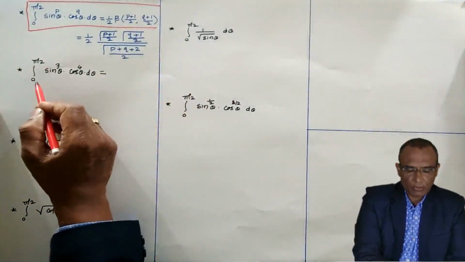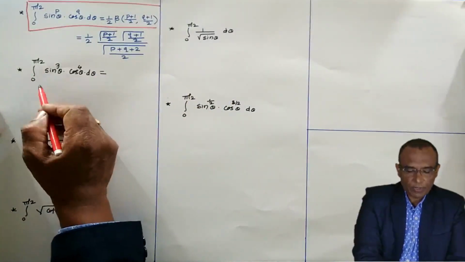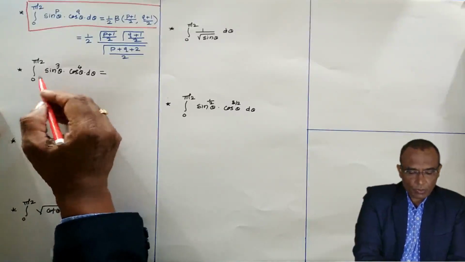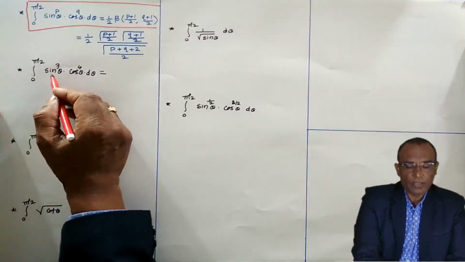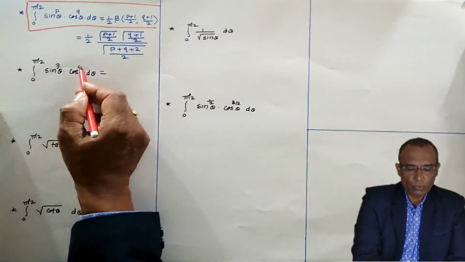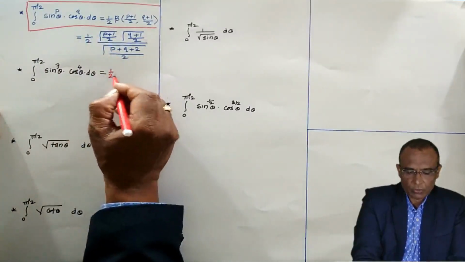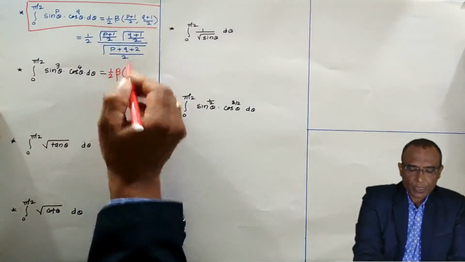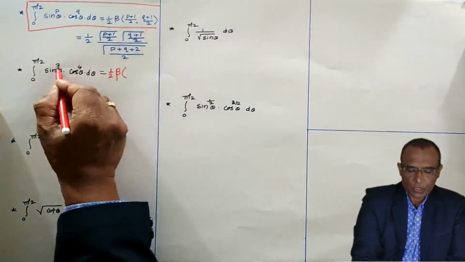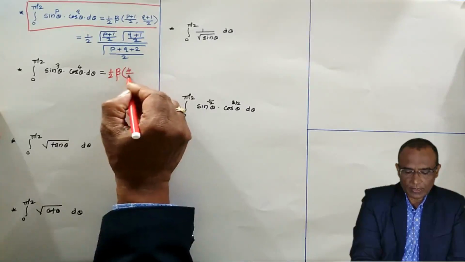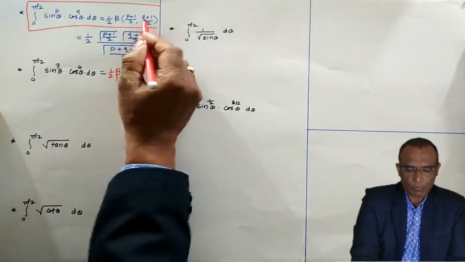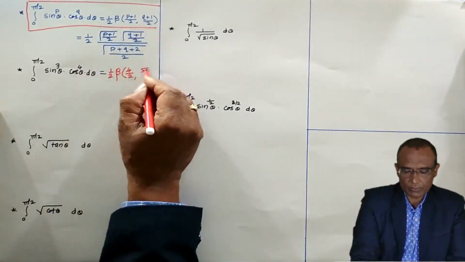Value of this integral I want. So what is the value of this integral? For 0 to pi by 2, sin raised to p, cos raised to power q, we have this formula. And this can be written as 1 by 2 beta, p plus 1 by 2 is 4 by 2, directly writing, q plus 1 by 2 is 5 by 2.